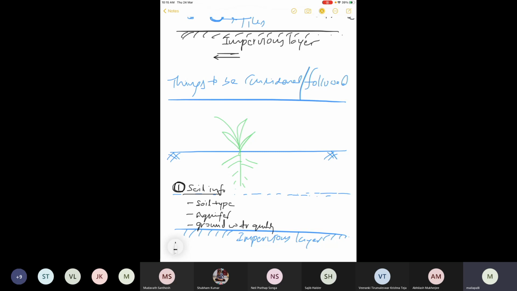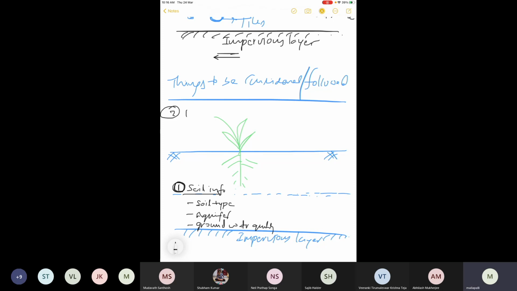So you should know the soil characteristics and also the aquifer, whether it is a confined, semi-confined or unconfined aquifer. And groundwater quality is of course important, since one of the objectives of a subsurface drainage system is to remove salts. So this is number one.